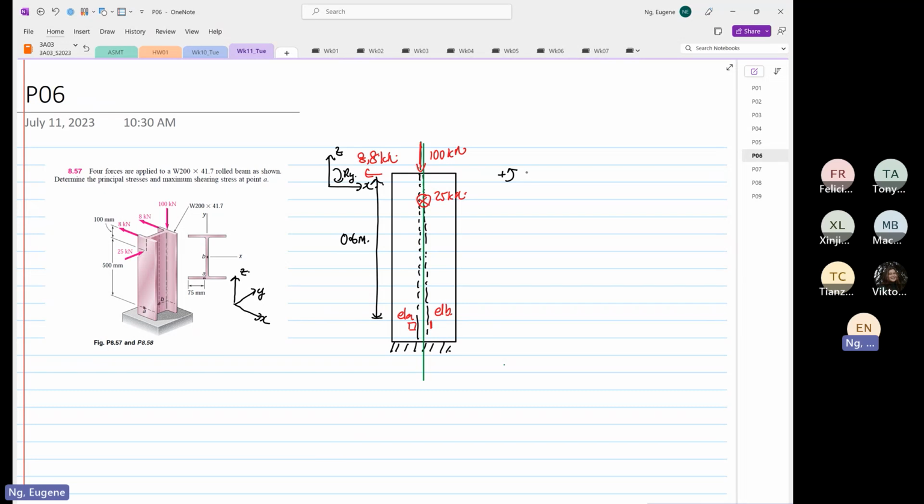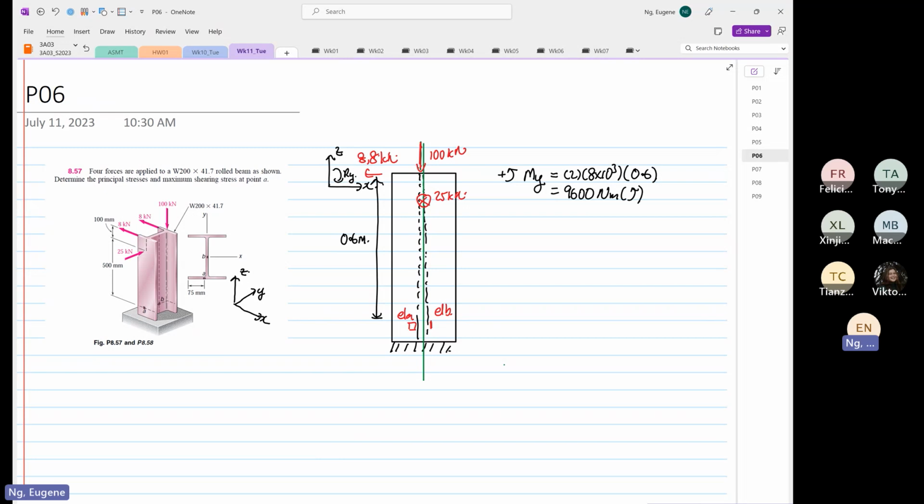So moment about Y from point A is equal to twice 8 times 10 to the power 3, multiplied by distance 0.6, because there are two 8s. So 2 times 8 times 10 to the power 3 times 0.6 is equal to 9600 Newton meter, and it goes this way.